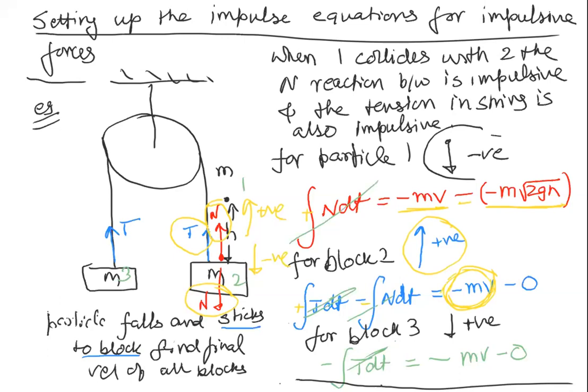For block 3, which is under the influence of only the tension impulsive force, I have taken the downward direction as positive, but the tension is upwards, therefore the impulse is upwards is equal to ये फाइनल मोमेंटम. अगर ये v से नीचे जाएगा तो ये v से ऊपर आएगा, because they are connected to each other by a string.